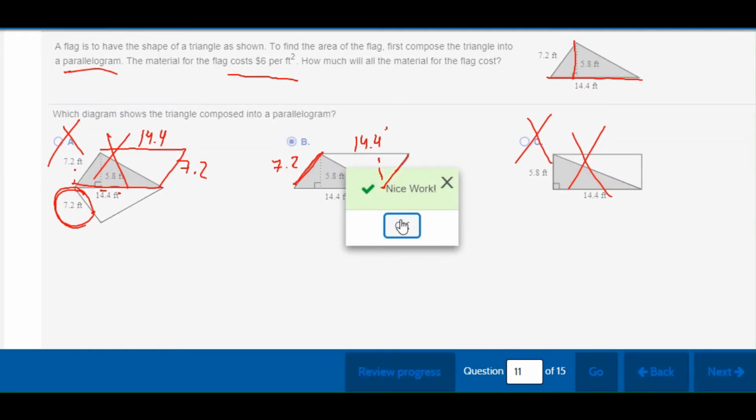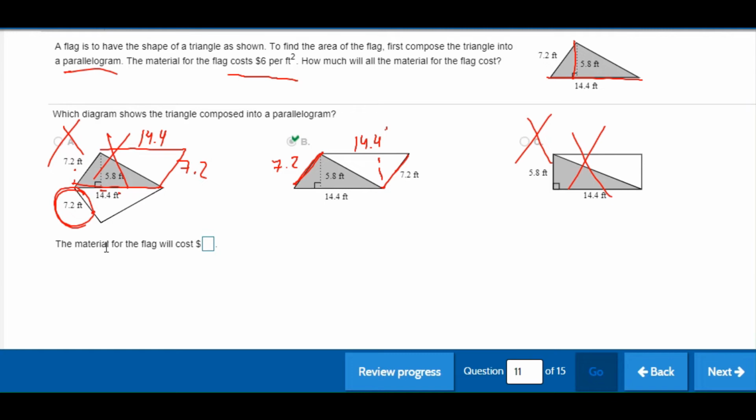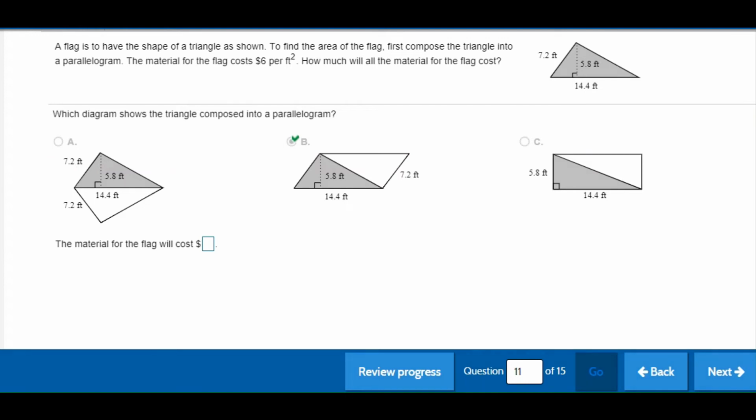So let's pick B. And then it says the material for the flag will cost. First, we need to figure out how many square units we're going to need to fill this flag. So the first thing we want to use is our formula for a triangle. Area equals 1/2 times the base times the height. Identify your base and your height, the two that are perpendicular to each other.